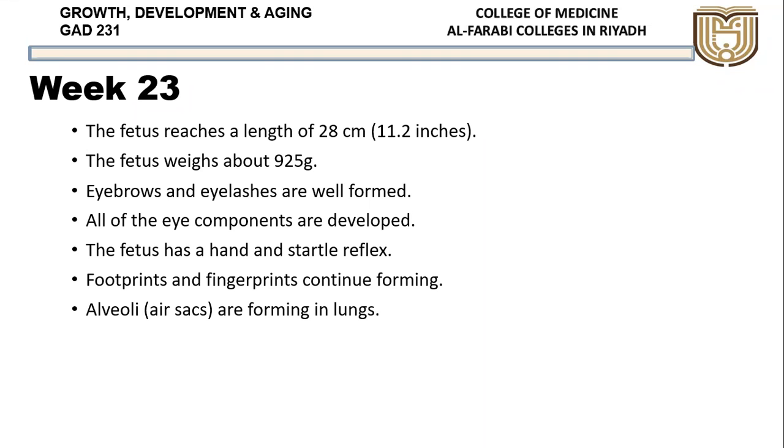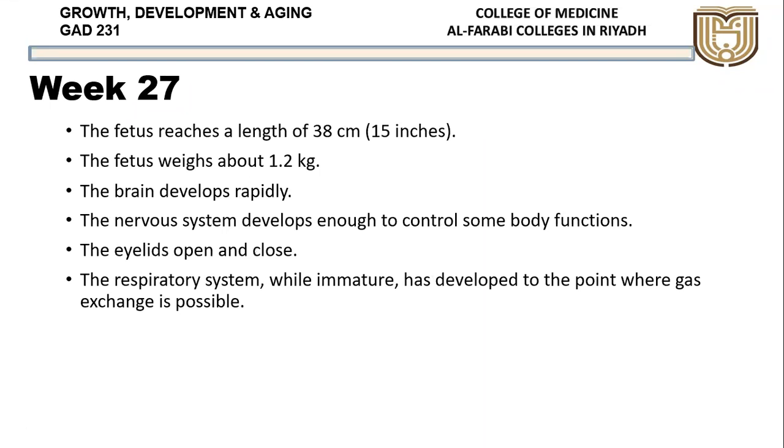Now a cavity is being formed within the lungs, and it is even forming the specific region where air exchange will take place, that is the alveoli. By week 27, the fetus has grown much more, from 11 inches to almost 15 inches or 38 centimeters, and from 900 grams to 1.2 kilograms. These are very fast growths taking place within the fetus.